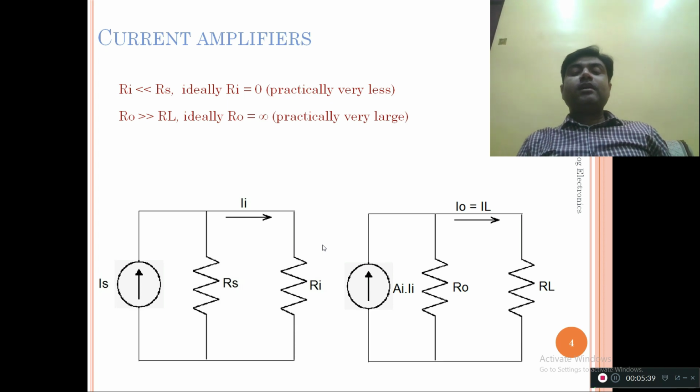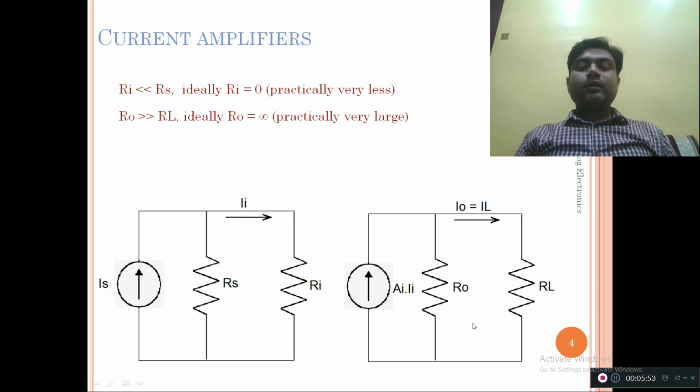In this case also there is a dependent source, a current which is dependent on the input current Ii. So here the dependent source is controlled by the current Ii, while in the previous case it was controlled by the voltage Vi.